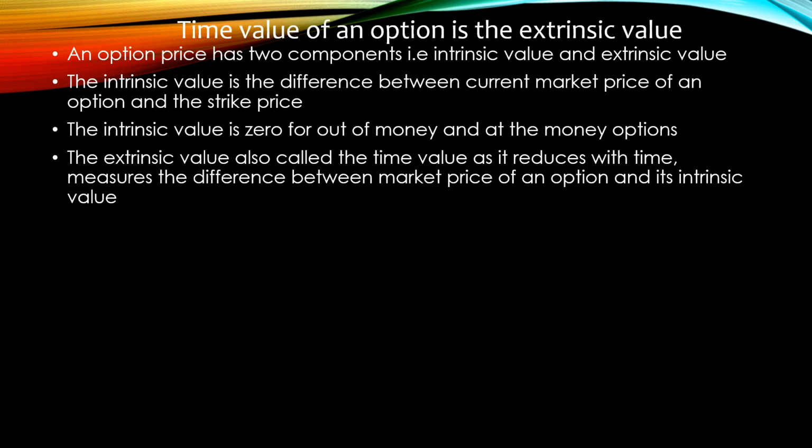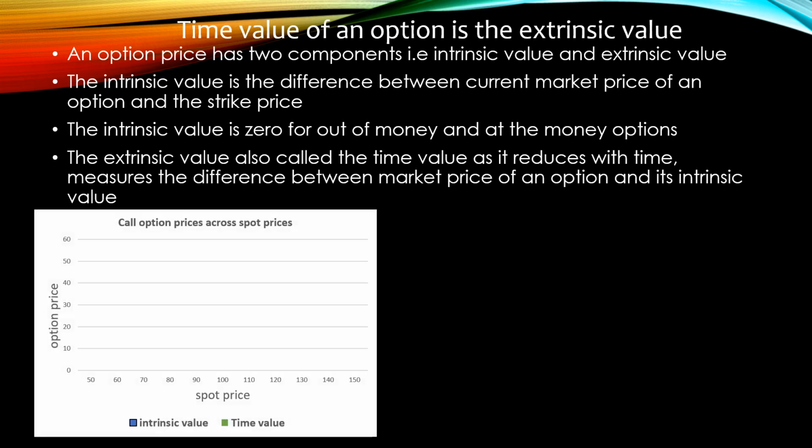Now let's see the graph which shows a breakup of the option price into intrinsic value and extrinsic value at various spot prices of the underlying asset. Now as the call option is deep out of money, there is only time value. But as it moves towards at the money, the time value increases.